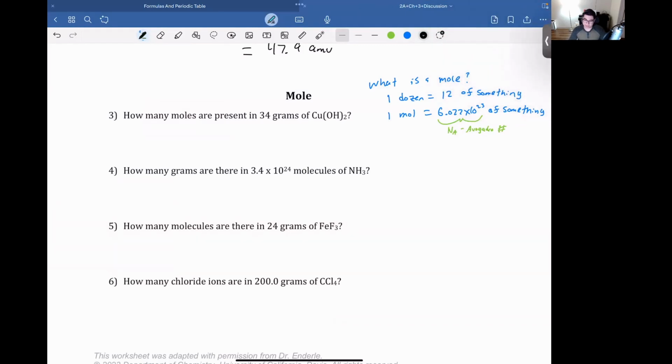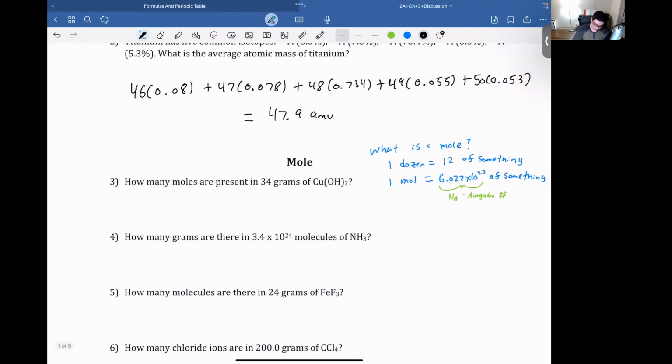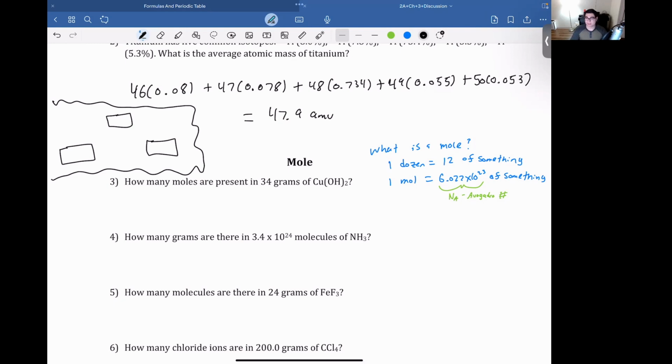All right. Number 3 says, how many moles are present in 34 grams of copper hydroxide? So this is going to be a unit conversion. When you're converting between units, I usually draw this diagram, which, at least in my mind, may help you figure out how to convert between things.